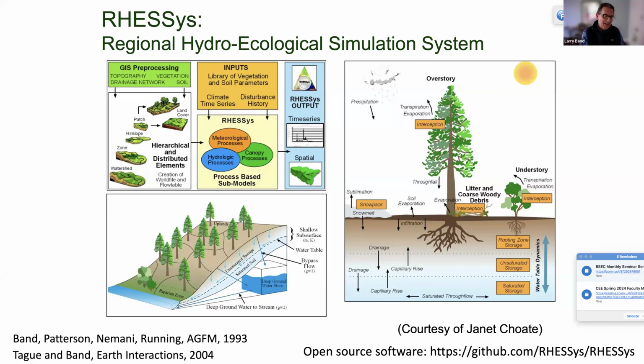Okay, great. Thanks. So ParFlow was developed initially as a groundwater model. RESIS was developed really as a carbon budget model. It was funded by NASA Ecosystem Science, was jointly developed by Steve Running's group in Montana and my group in Toronto.